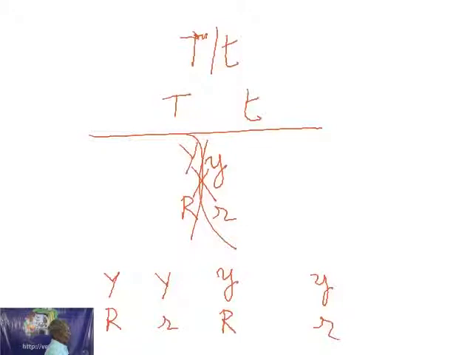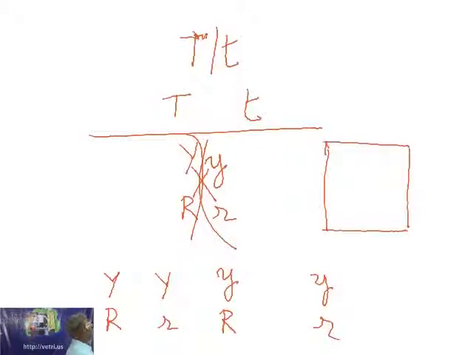Capital Y, capital R, small y, small r, capital Y, small r, small y, capital R. And when you write in this order, and if you feed the gamete also in the same order, that is capital Y, capital R here, then capital Y, small r here, small y, capital R here, and then small y, small r here.